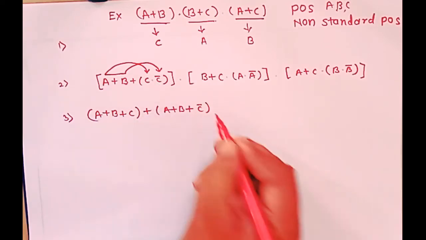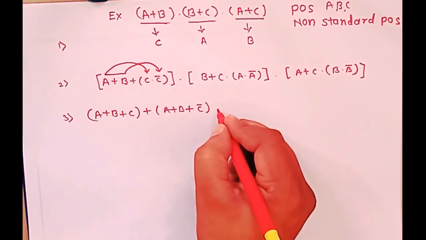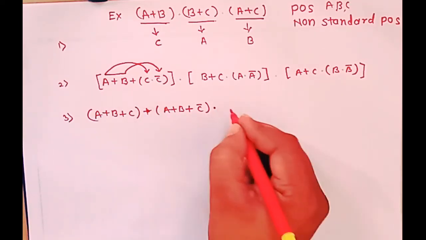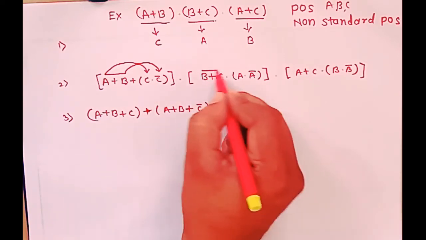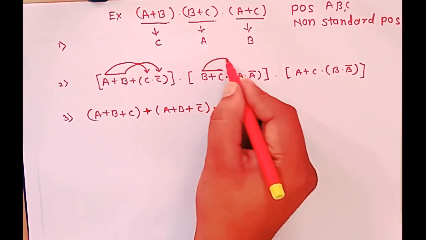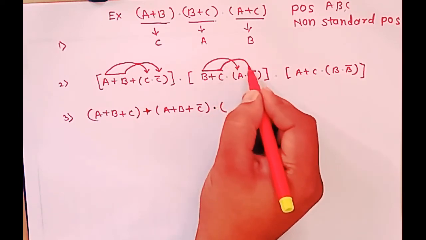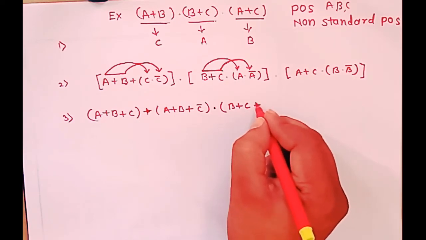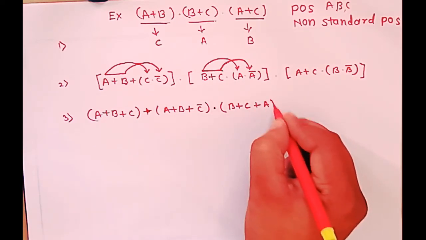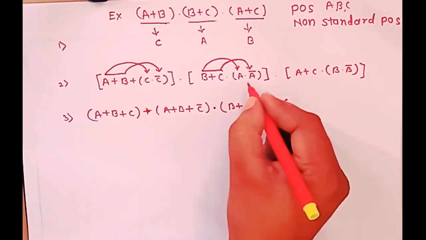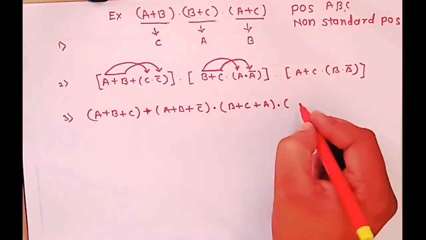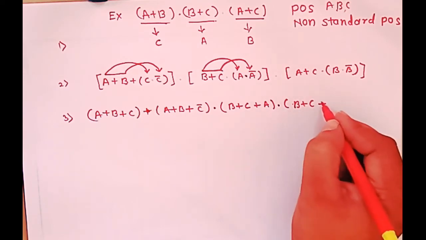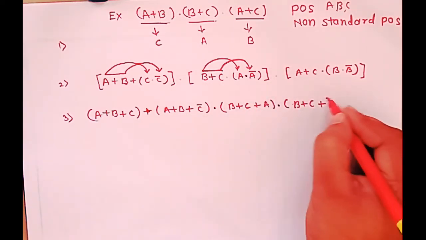Similarly, for the second sum term we first add a and then a bar, so we write b plus c plus a, into b plus c plus a bar.